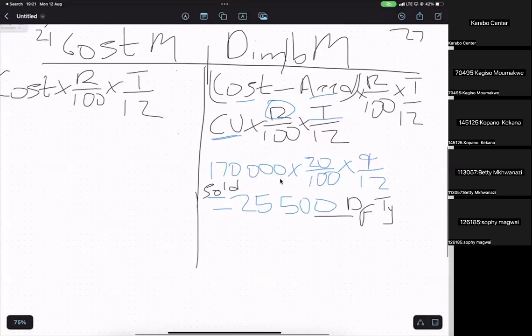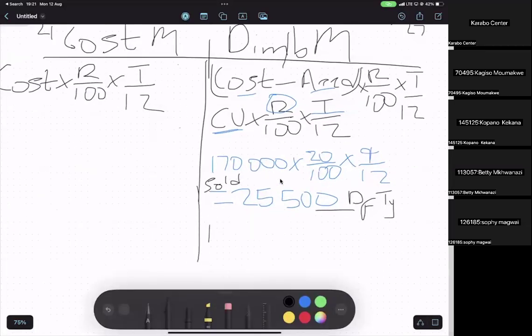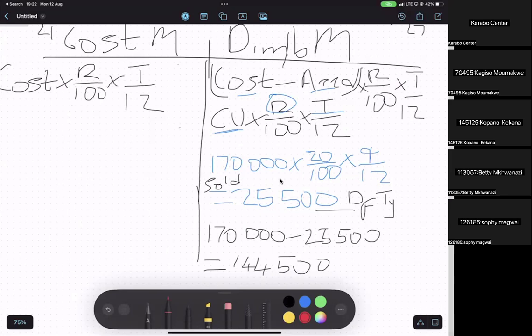So we say 170,000 minus 25,500, and we get the carrying value at the end, which is 144,500.